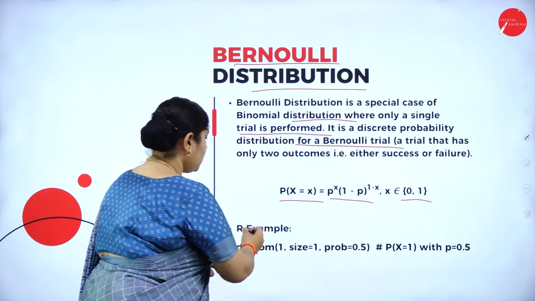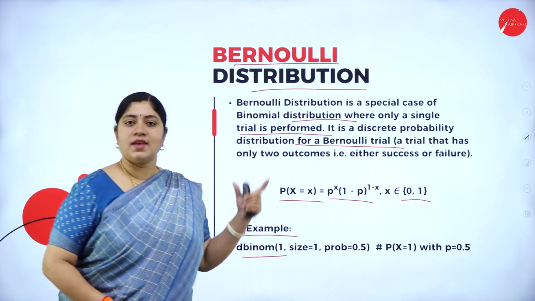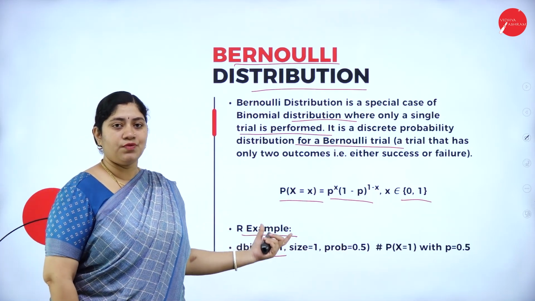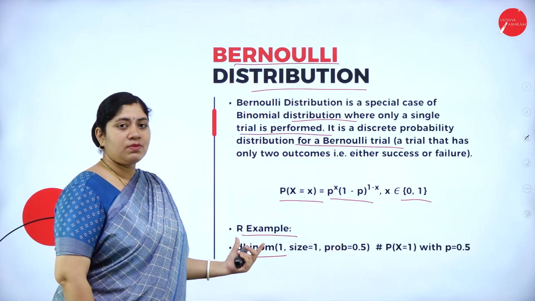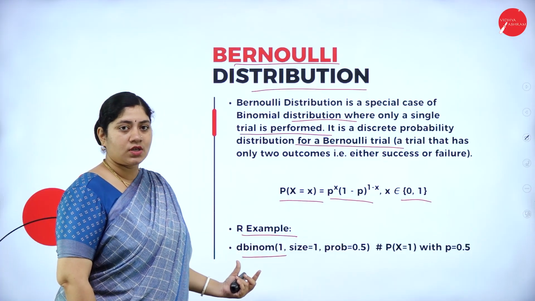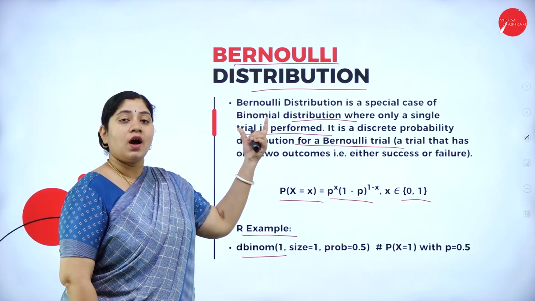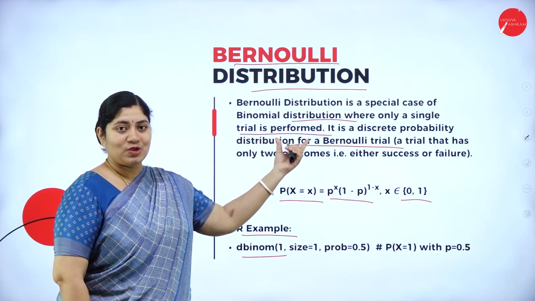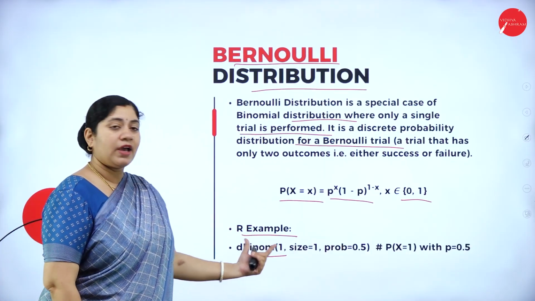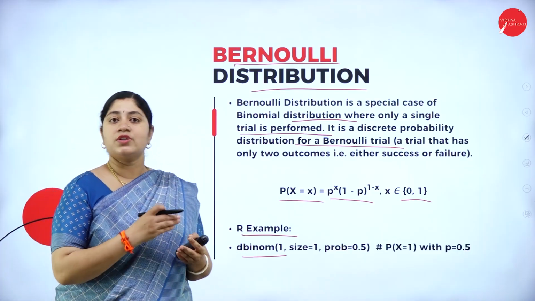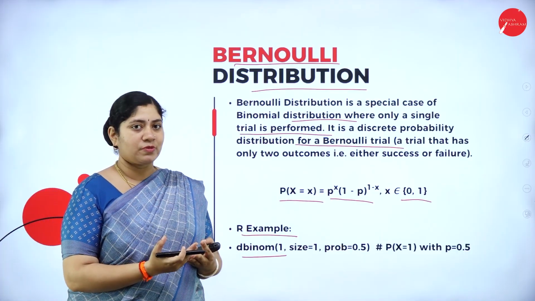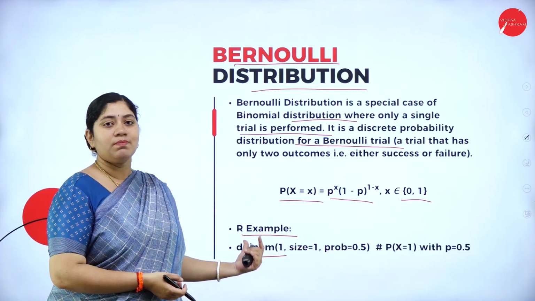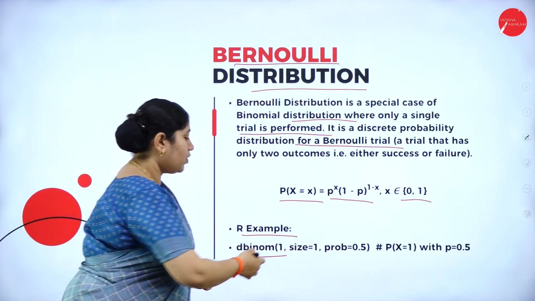So let's see how to represent this in the form of our keyword. We are using dbinom, okay. So this is a keyword in order to represent our Bernoulli distribution. So why dbinom? As we know, Bernoulli distribution is a part of binomial distribution, right? So we are using dbinom followed by the size.